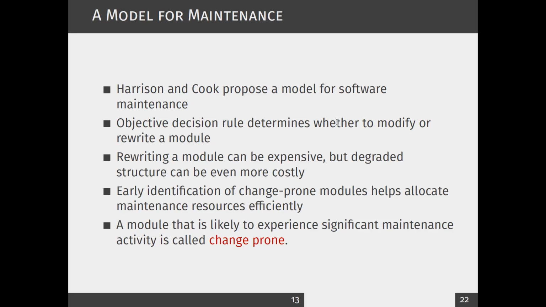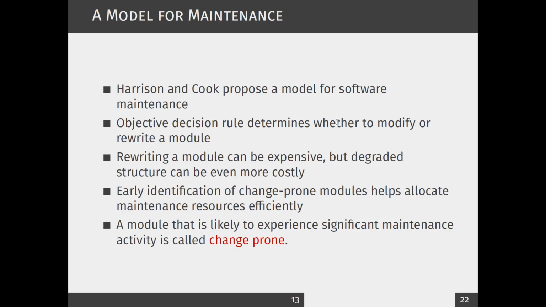What they say is, when we have a piece of software, you need to make a decision whether you want to modify a particular module or rewrite it from the beginning.